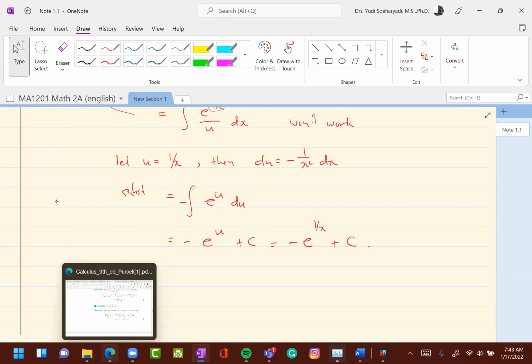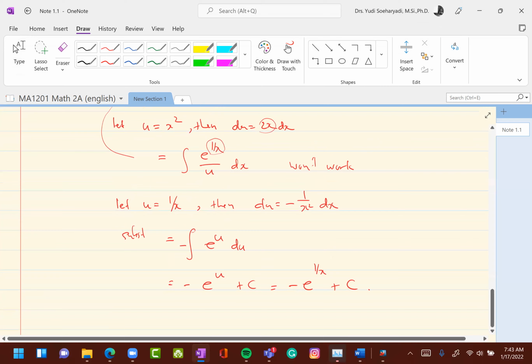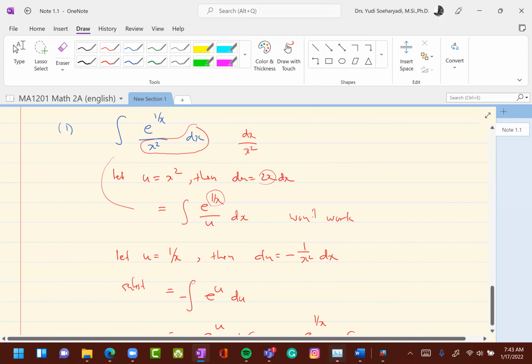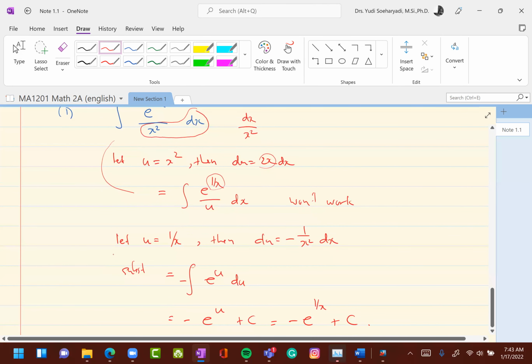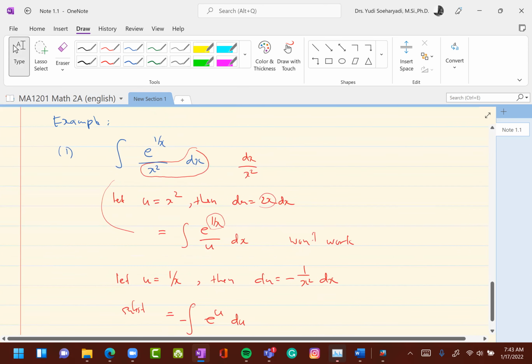Okay, questions? How did you get the two numbers that you got for u and dx again? Which one? How did you come to the conclusion for u to be 1 over x and dx equal to negative 1 over x squared? This one. Let's see, let's rewrite this as e to the 1 over x times 1 over x squared, right?